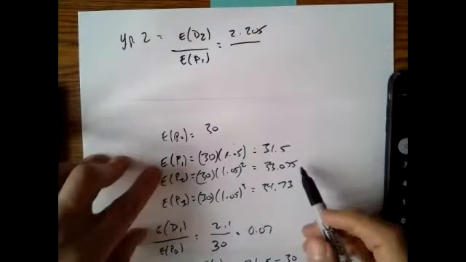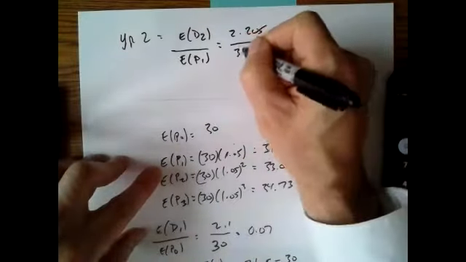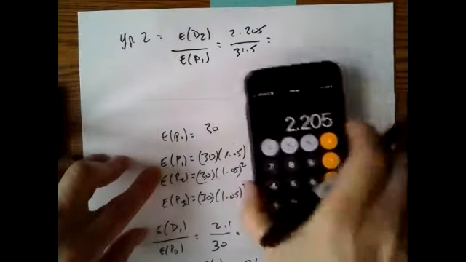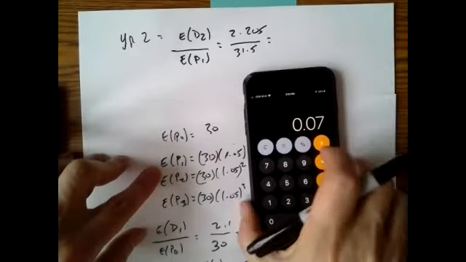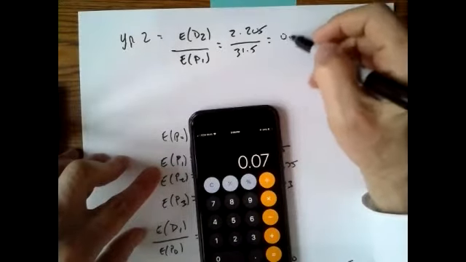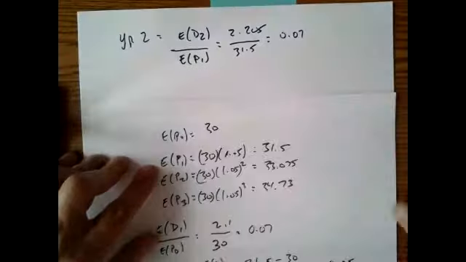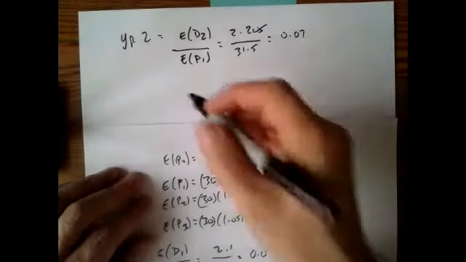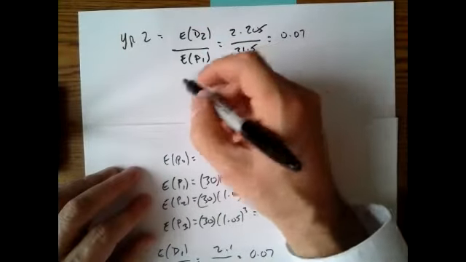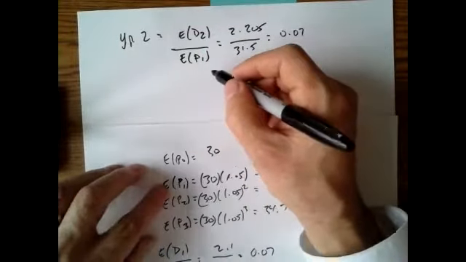Divided by P1 of 31.5 gives us, oh, look, 0.07. And in case you can't guess yet, we're going to have 0.05 again for our capital gain yield, but let's look at it anyway.